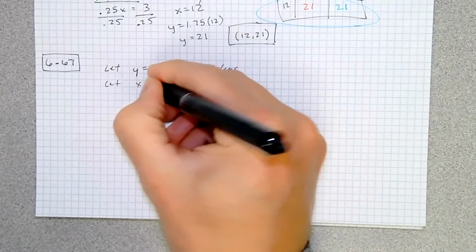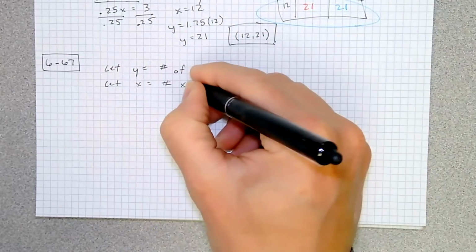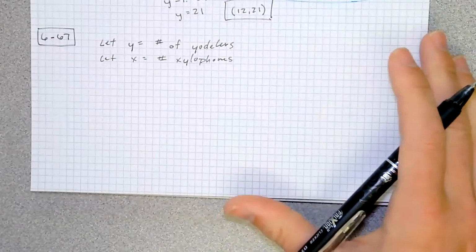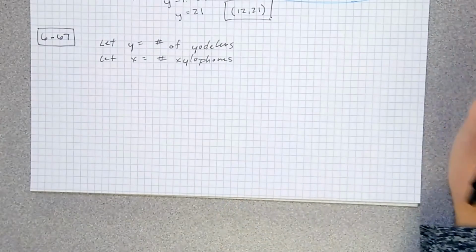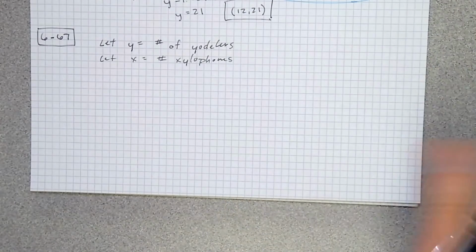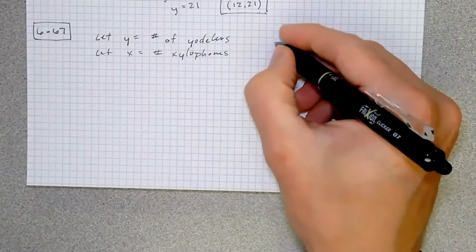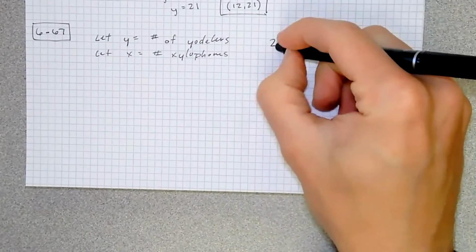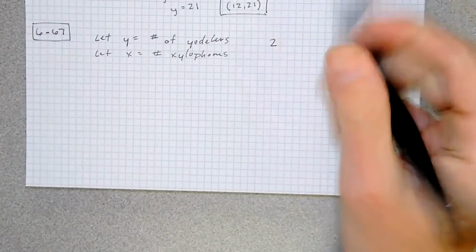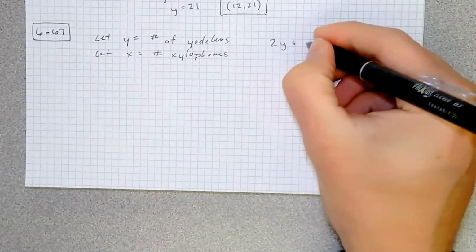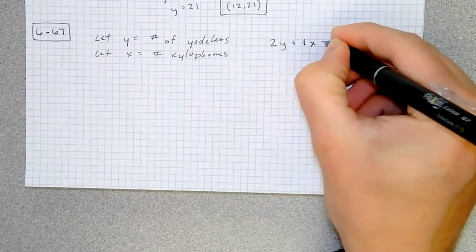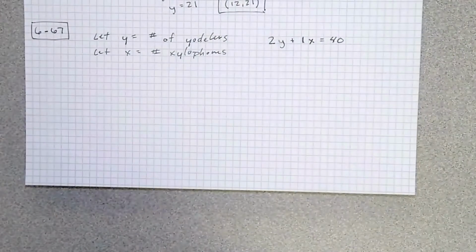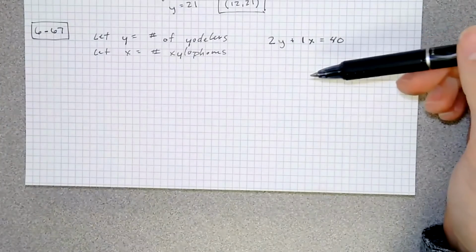We're going to let x equal number of xylophones. So if we charge $2 for every yodeler, $1 for every xylophone, it costs $40 altogether. We should be writing that as 2 times y, or 2y, because it's $2 for every yodeler, plus $1 for every xylophone, for a total of $40. Don't necessarily need the 1 in front of the x.